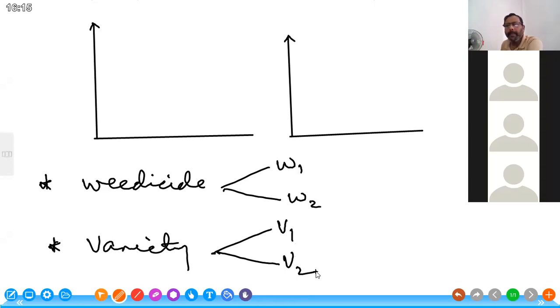Now, I'm going to take only one we decide at a time. Let's say this is variety 1, variety 2 on a scale. Now, I want to measure their yield response.